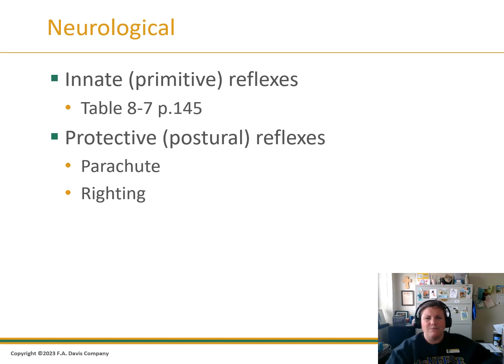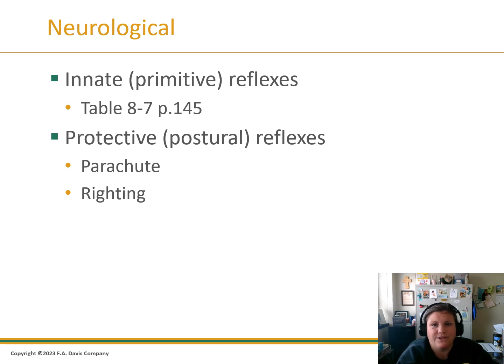It's basically when the baby puts their arms out and tries to brace themselves or catch themselves when they're falling. They should do this naturally. If you pick up the baby and pretend like you're facing them towards the ground, like they're going to be diving down, they should want to put their hands out to protect themselves in that position. And again, that's not something that's the case from the beginning of life. That's something that they develop.